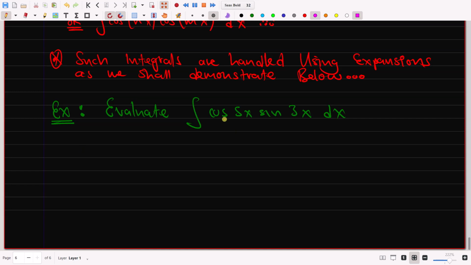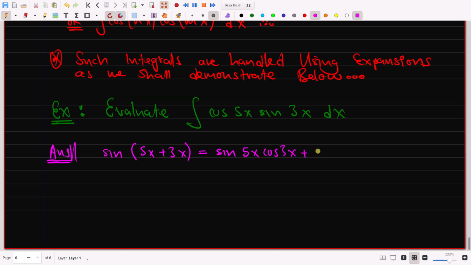Or if you take sine of 5x minus 3x, what do you get? You will get sine 5x cos 3x minus cos 5x sine 3x.